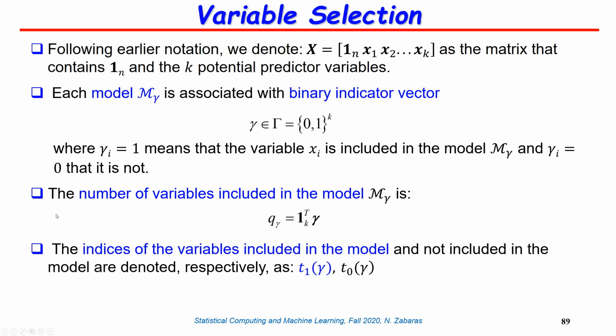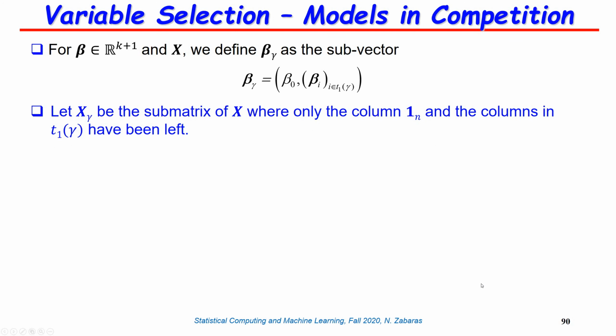Okay? I'm also going to use the indices of the variables that are in the model. I'm going to indicate them as T1 of gamma, and the remaining indices that are not in the model, I'm going to indicate with T0. So this will give me the explanatory variables that are in the model, and the explanatory variables that are not in the model. Now remember, I am going to write down equations for a model gamma that has some variables in and some out, okay?